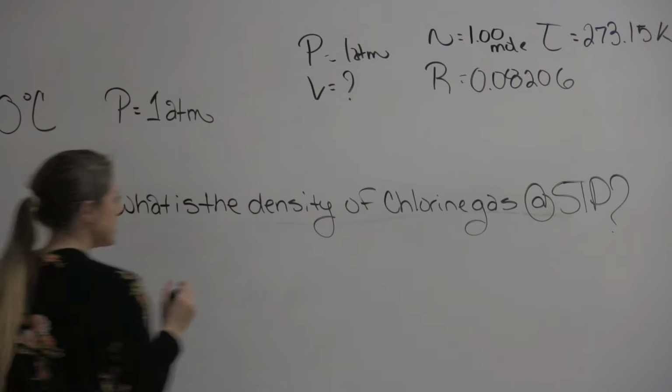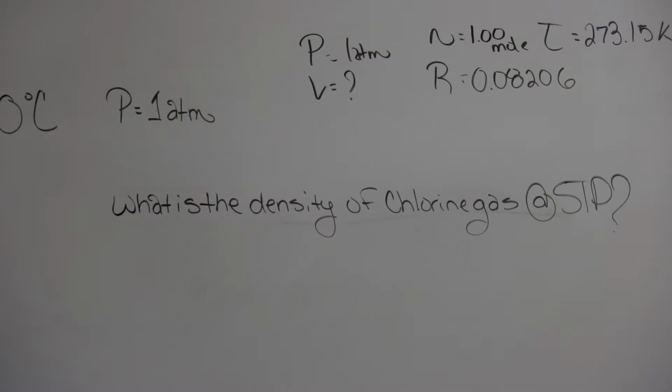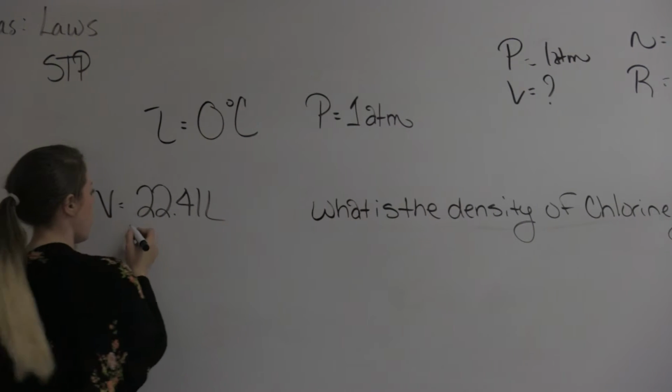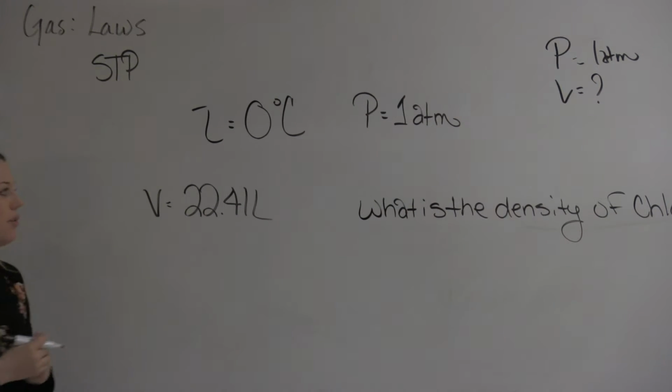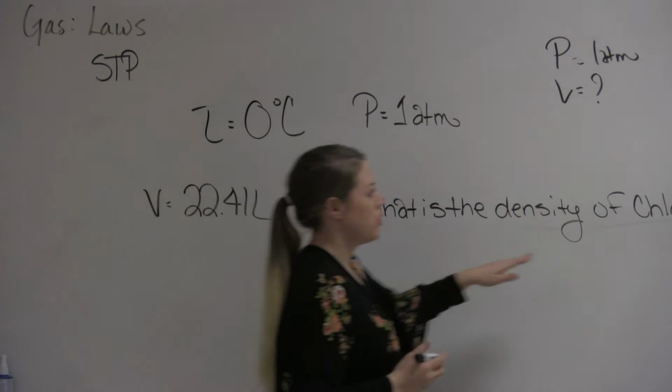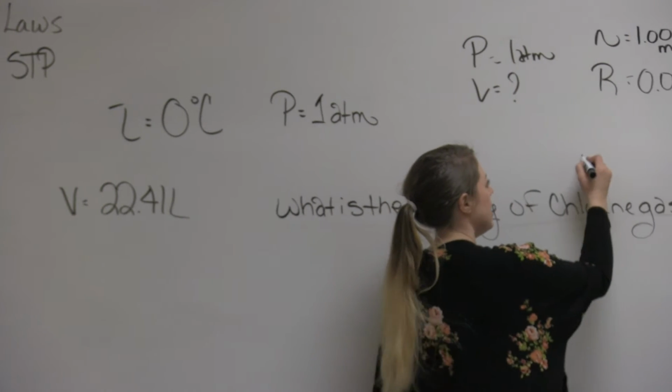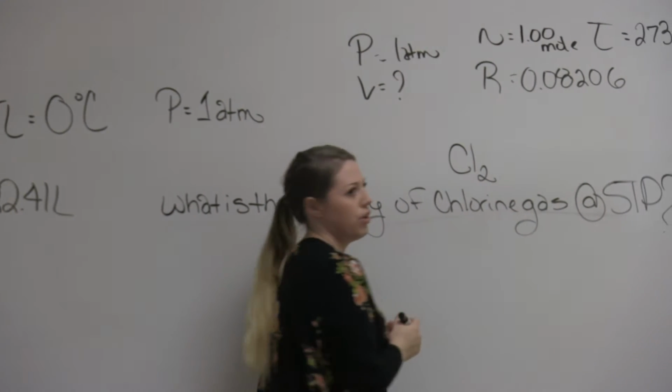The keyword here is at STP. Whenever you see STP, we're going to use our molar volume, which is 22.41 liters to 1 mole of a substance. Here we've got chlorine, which is a Brinkelhoff, so it's one of the diatomics. So we're going to see chlorine written as Cl2.